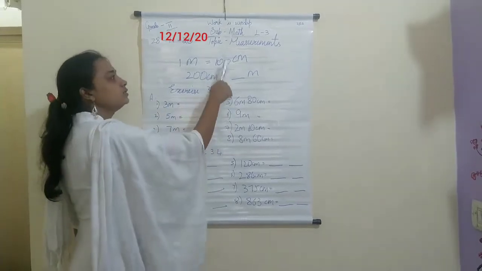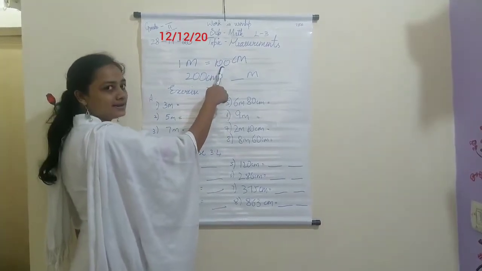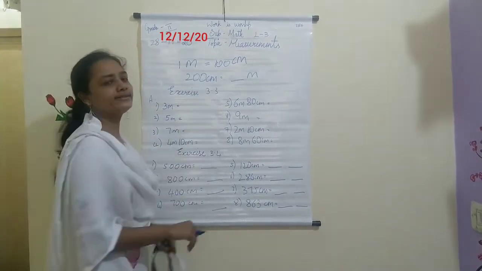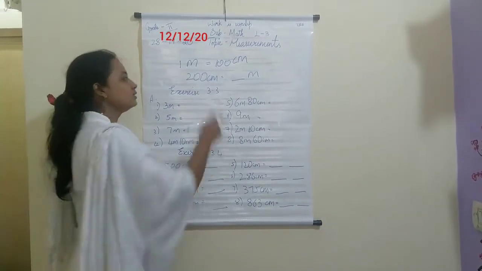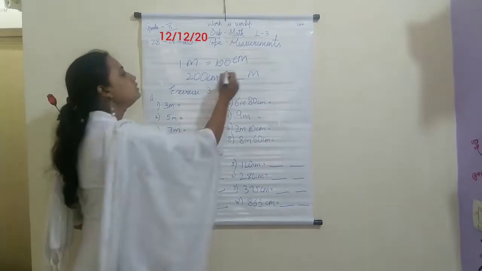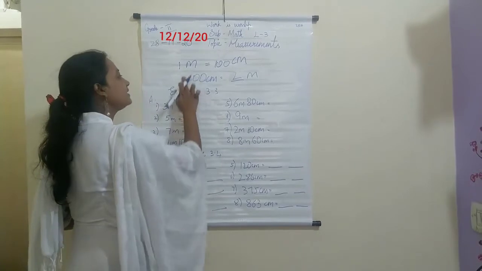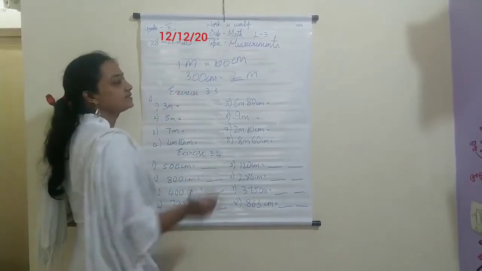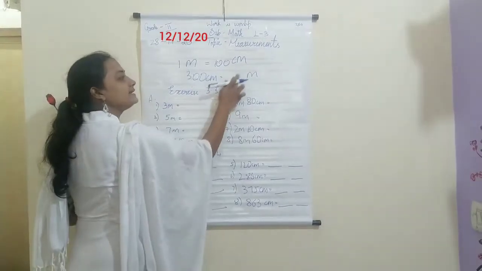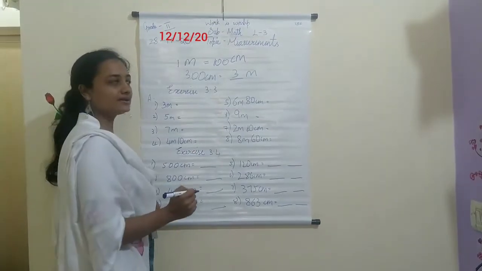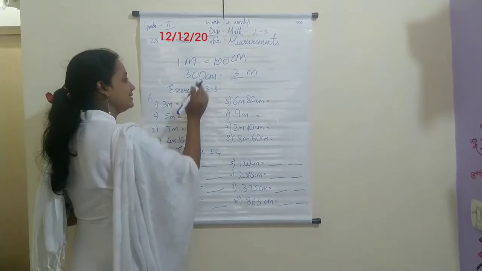You know 100 centimeters is 1 meter. Then how much will 200 centimeters be? 200 centimeters will be 2 meters. Just like that, if I have 300 centimeters, I can write it as 3 meters. Now let's change a little.